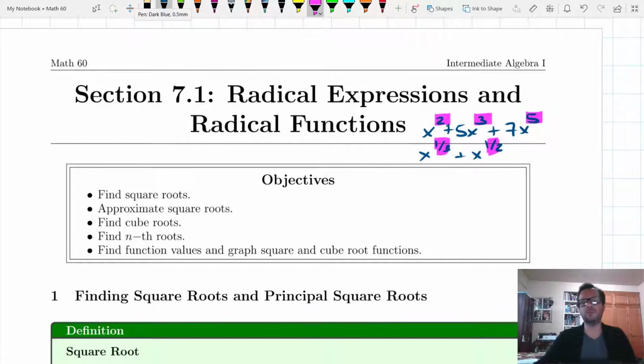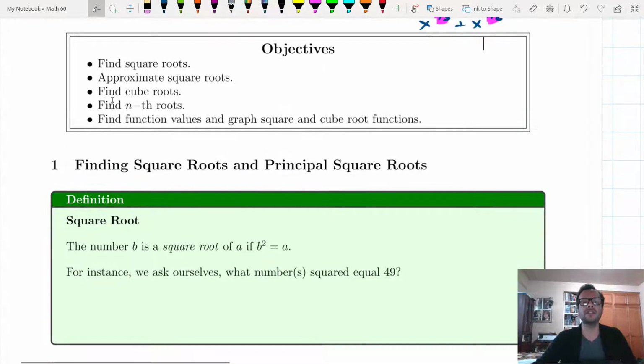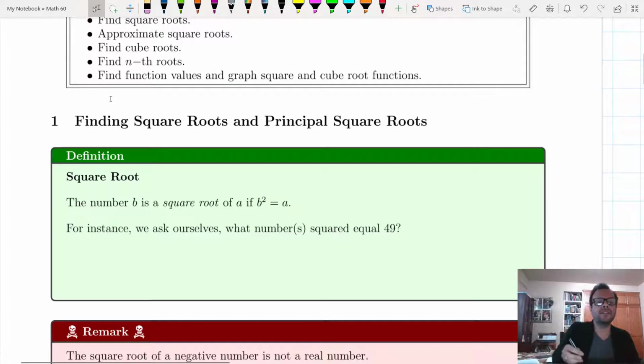But first of all, we need to define what the square root is. And by the way, you may have an idea of what the square root is. The principal square root: the number b is the square root of a if b squared equals a. So that's the formal definition of the square root.